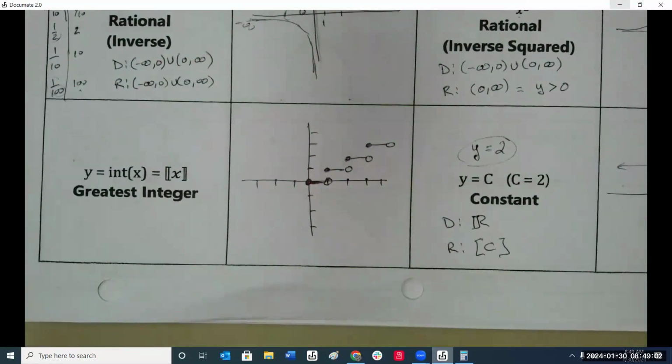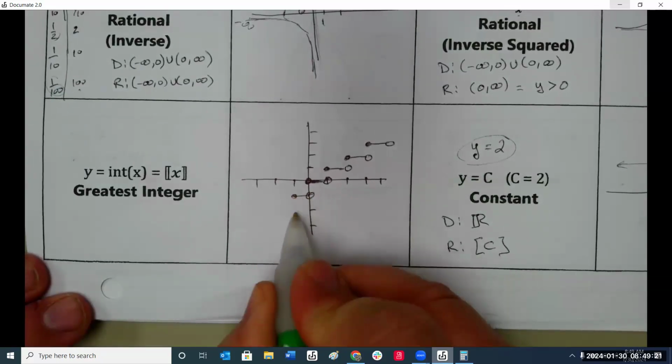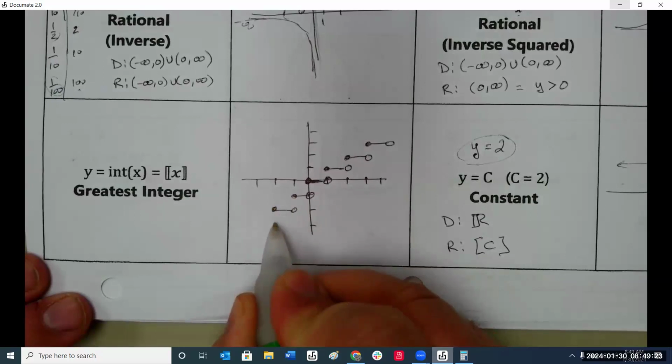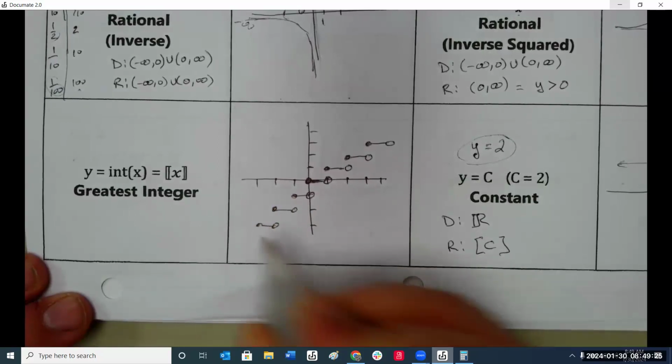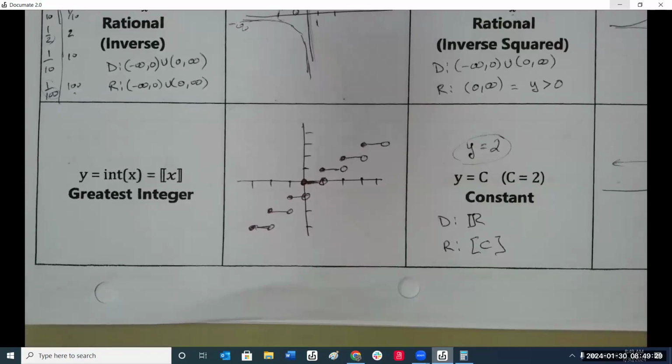It's called the stair-step function, as you can see why. Basically, what it's really saying is you just round down. It's a stair-step function.